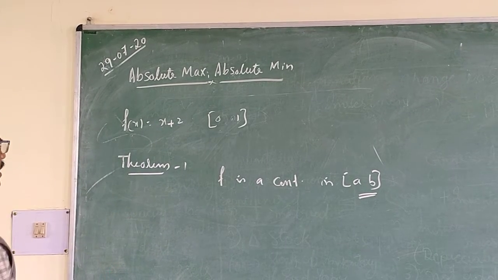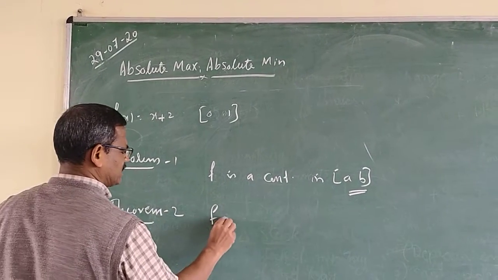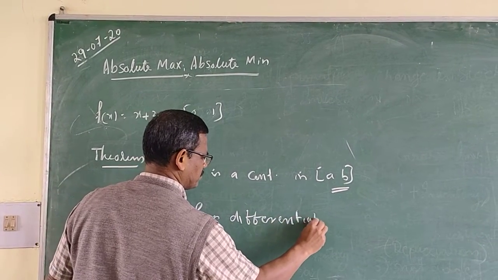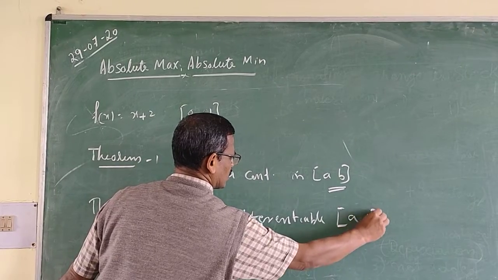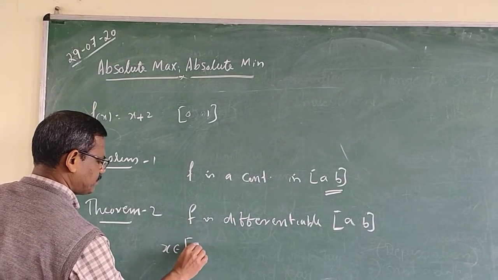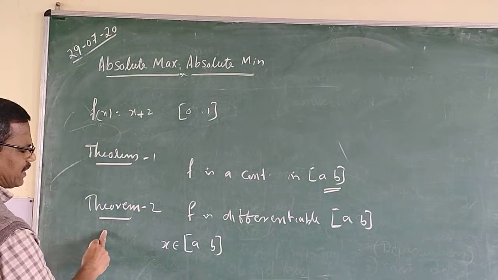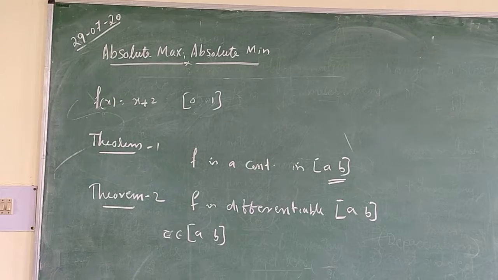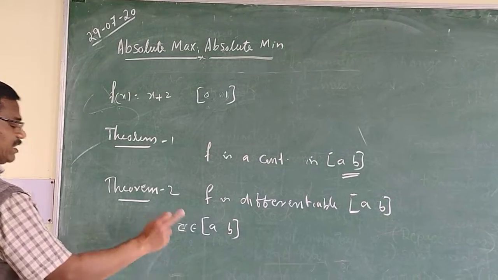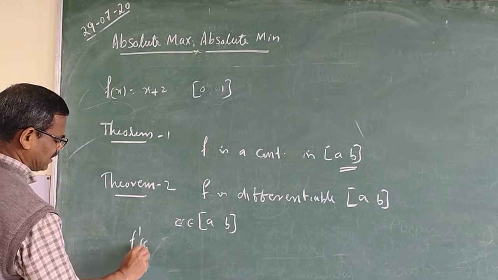That is the first theorem. And the second theorem is: if f is differentiable in the closed interval [a, b] and c is a point of this interval, then there exists at least one value where f dash c is equal to 0.